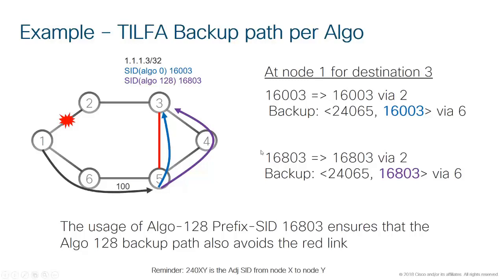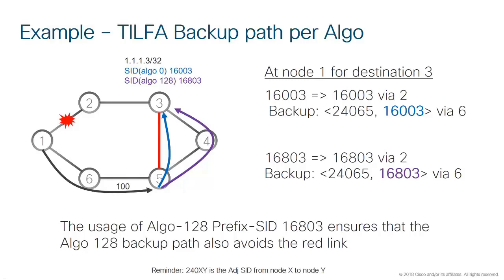So that would be classically, in our terminology, 24,000 for an adjacency SID, 65 to easily see which link we are talking about. So go to 6, 24,065, and then when I'm at the other end of the link, simply I use 16,003. I will use the shortest path to my prefix SID. And for 16,003, this is indeed the shortest path because the algorithm 0 uses all of the links.